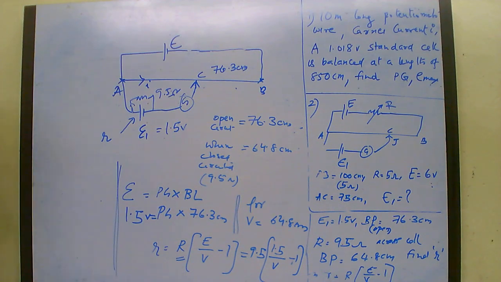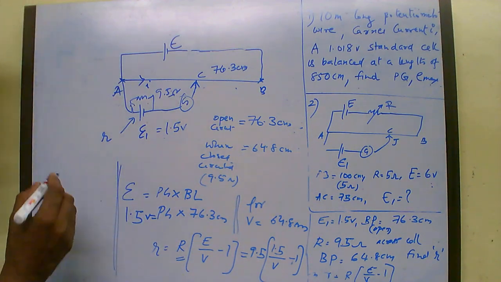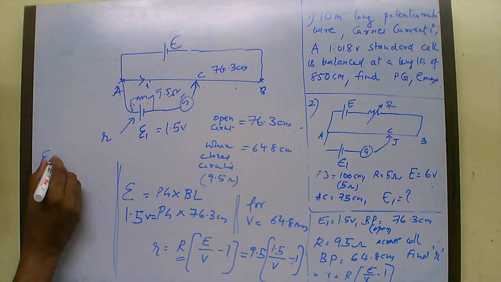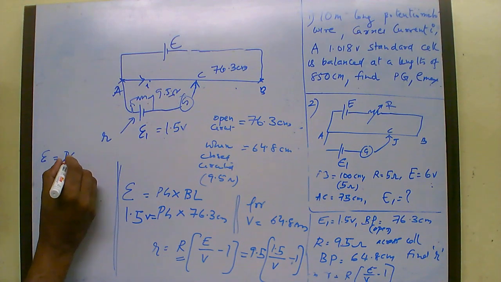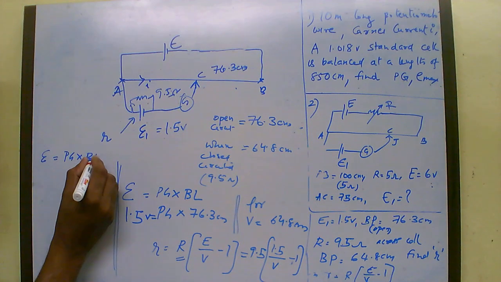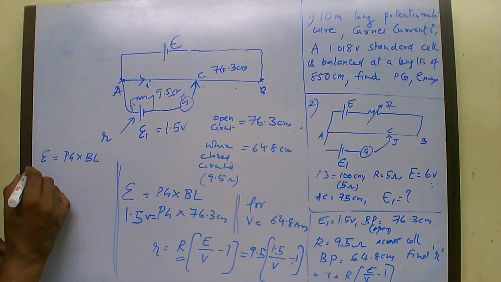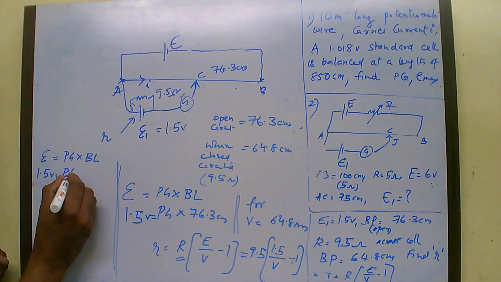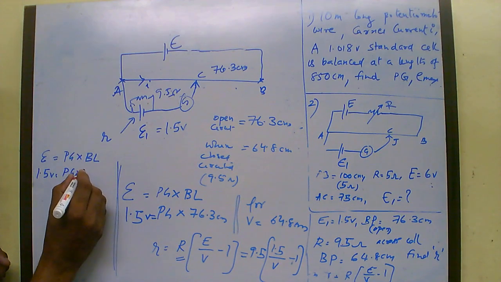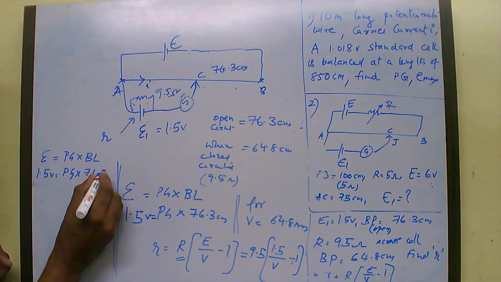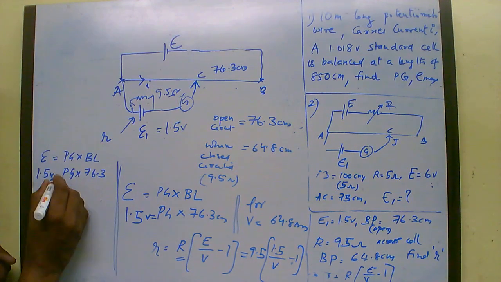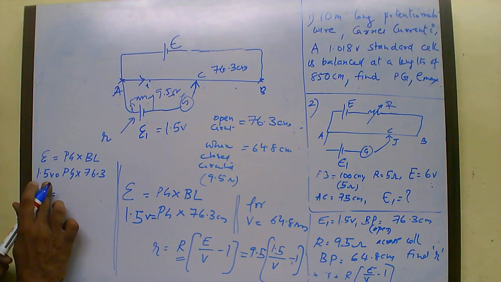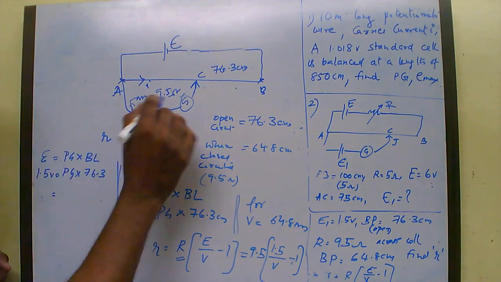See, as per the potentiometer logic, EMF is equal to potential gradient multiplied by the balancing length. So in the first case EMF is 1.5 volt, potential gradient is not known, multiplied by balancing length 76.3. In the second case V is not known to us, let it be this V when it is closed circuit.